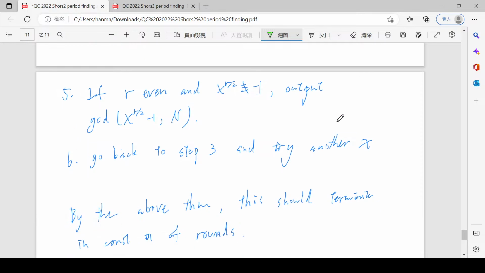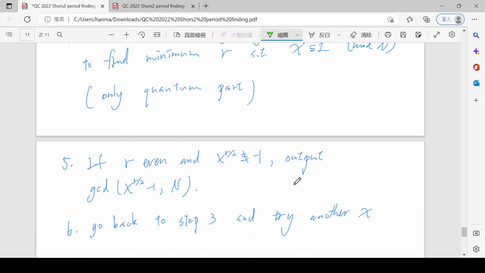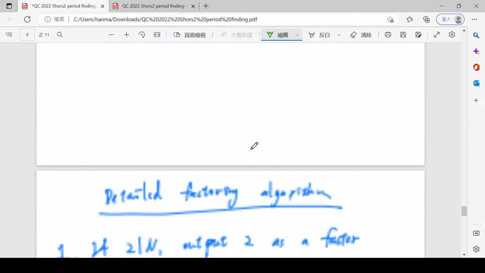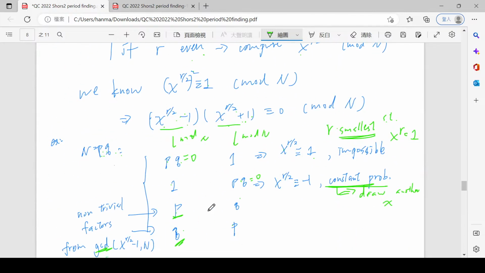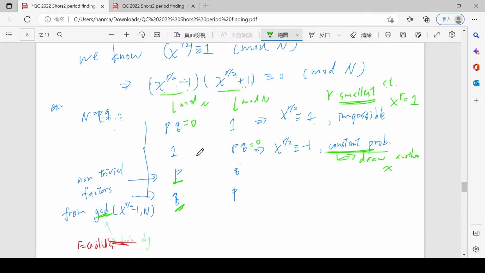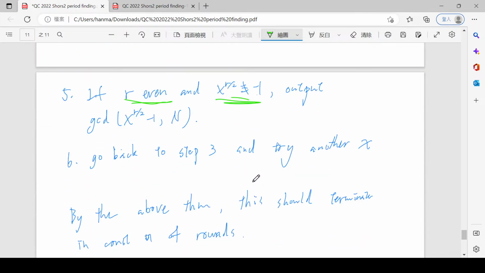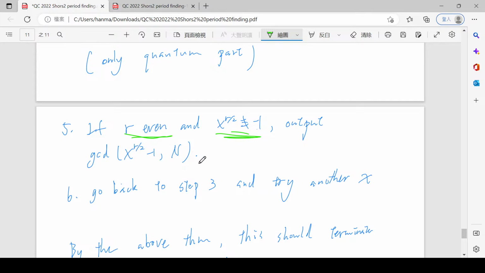And then we start doing our chance. If we are lucky, R is even, so we can calculate x to the R over 2. We also need x to the R over 2 not equal to minus 1 mod n. Those are the 2 things we need to pass by chance. If both of those pass, we can find a non-trivial factor of n by doing GCD of x to the R over 2 minus 1 and n.